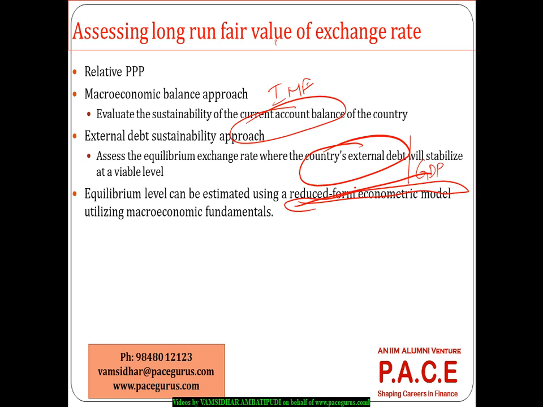Or we are talking about a reduced form econometric model, wherein we primarily look at the equilibrium path of the exchange rate based on various macroeconomic scenarios. Probably looking at the trade balance, net foreign assets and foreign liabilities, and the relative productivity of the country.